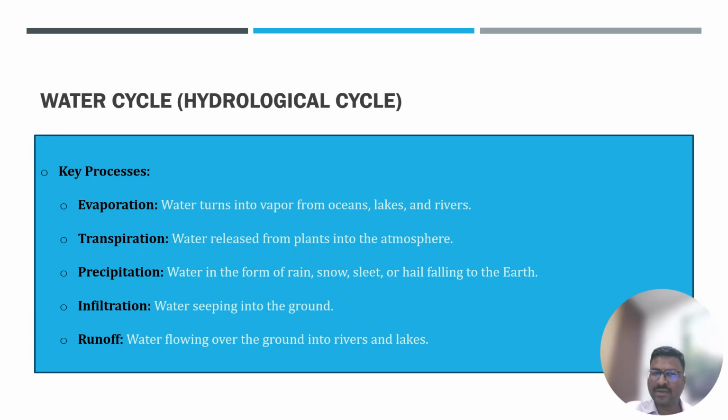Precipitation is the third key process. We need to understand the rain, snow, sleet, or hail falling on the earth. And the next one is infiltration. Infiltration is water seeping into the ground. Okay, so that process is called the infiltration. And then runoff, how the water is moving from upstream to the downstream.